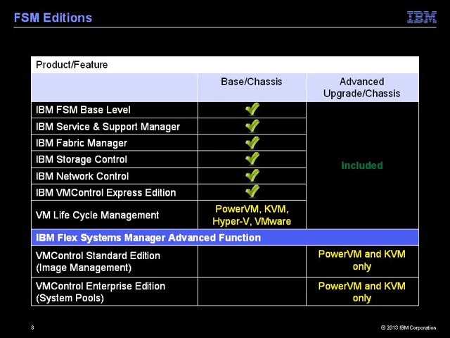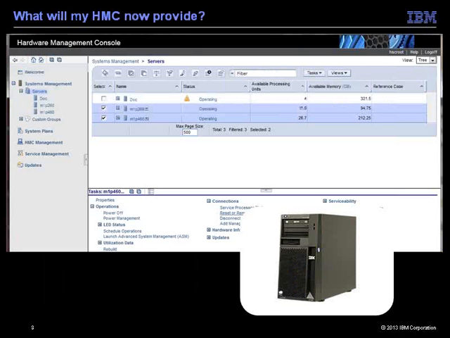So as we go through this, we have to keep in mind everything that the FSM could be providing. Some people use VM control, and that could be a critical part of what you're doing with FSM today. And when we go to the HMC, you have to recognize that VM control function isn't there. There are other people who have the FSM and aren't using VM control, so it may not be as critical for them.